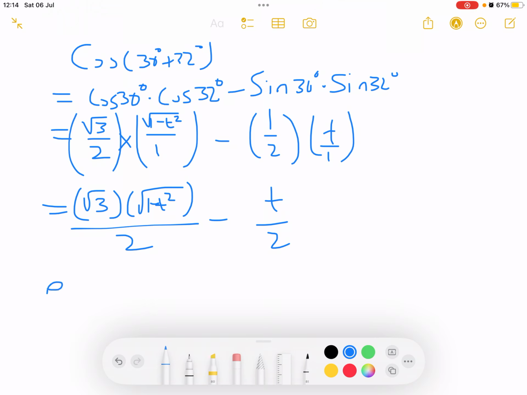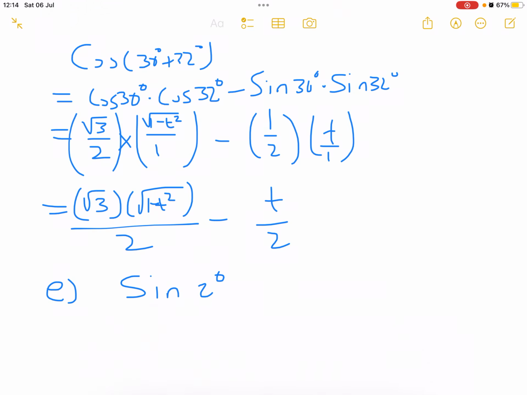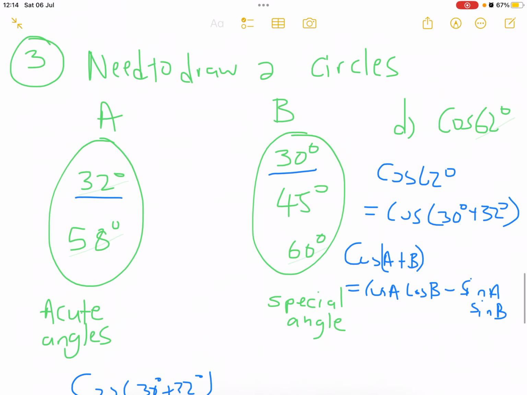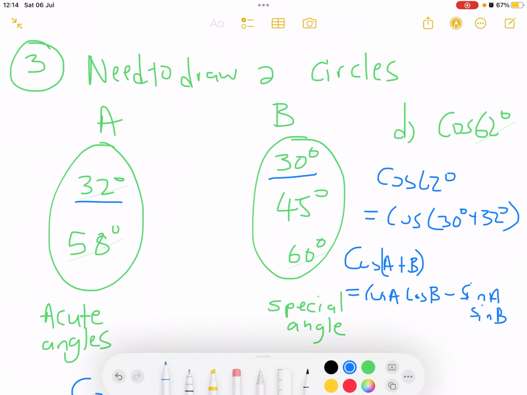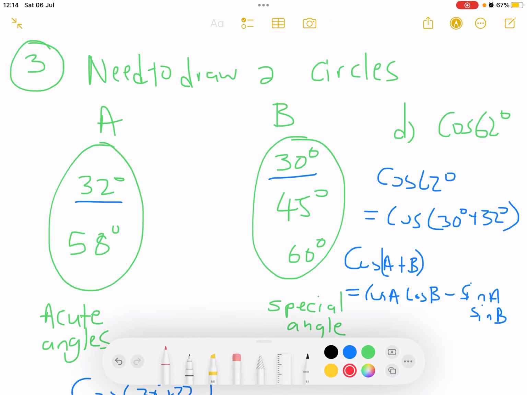And then for E, which is sine 2 degrees. Now sine 2 degrees, we can still apply rule number 3 because you can get sine 2 degrees by saying 60 minus 58 or 32 minus 30.